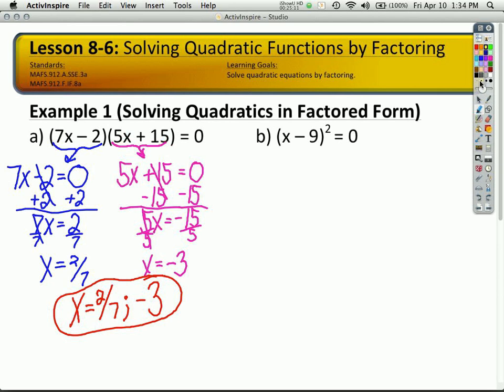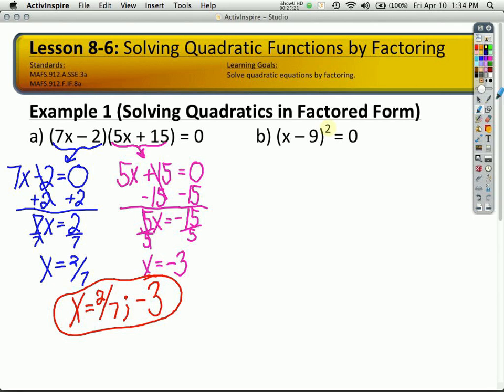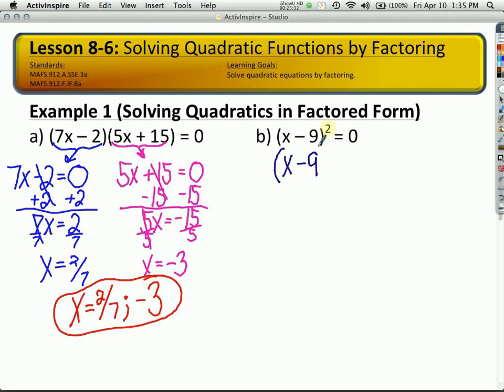Because of this exponent hanging out here, it's hard to see all the factors. So we need to write it out in a more expanded form. Could someone help us write it out so that it's easy to see all the factors? Gary? X minus 9 times x minus 9. That's right. This really says x minus 9 times x minus 9 equals 0. So now we can see the two factors.